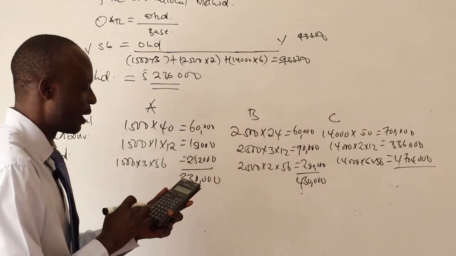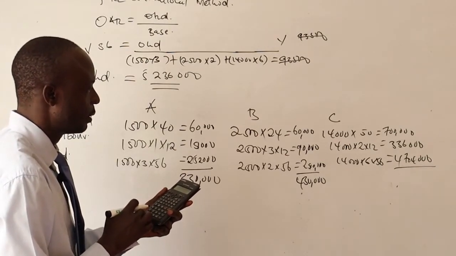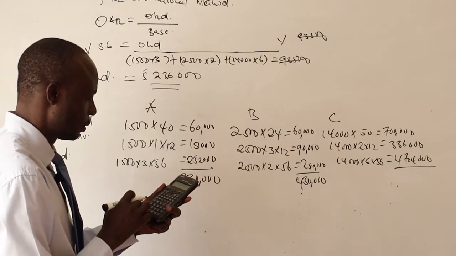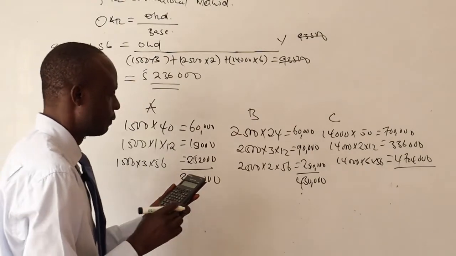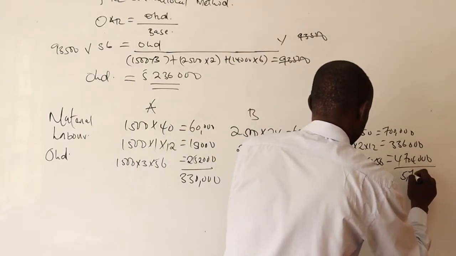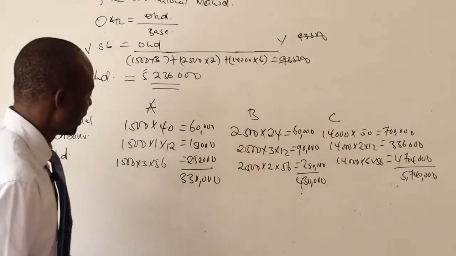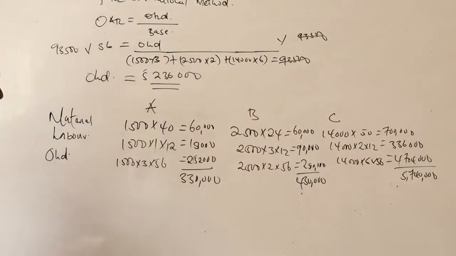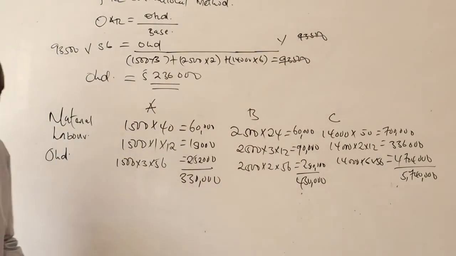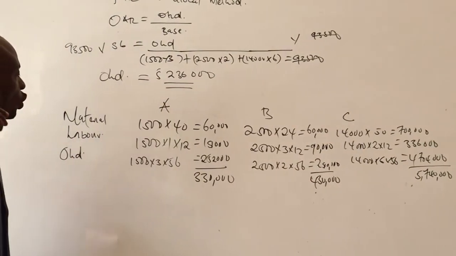We have 700,000 plus 336,000 plus 4,704,000. So these are the total cost of making product A, total cost of making product B, and total cost of making product C. But the question required us to determine the cost per unit.